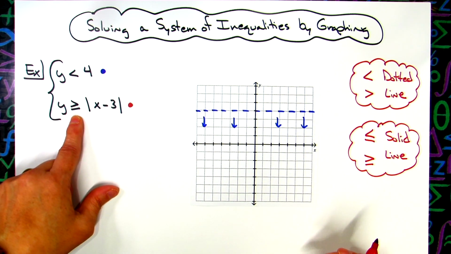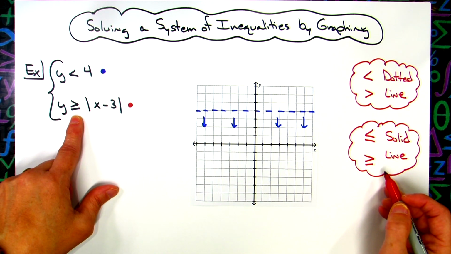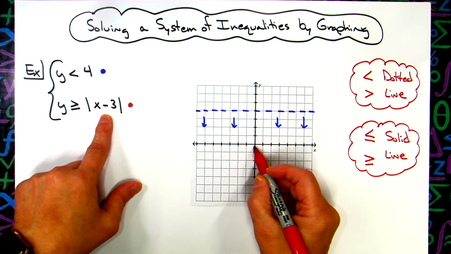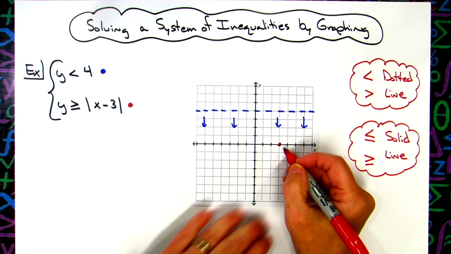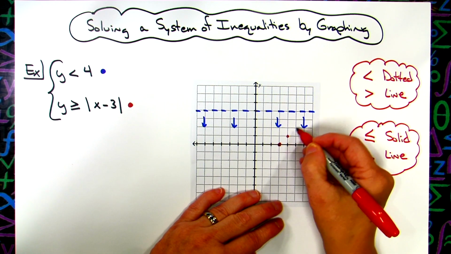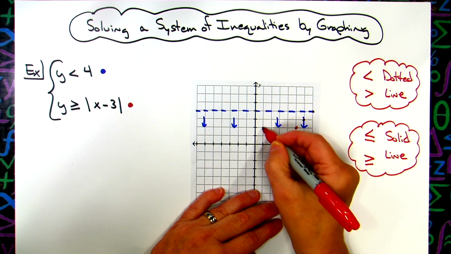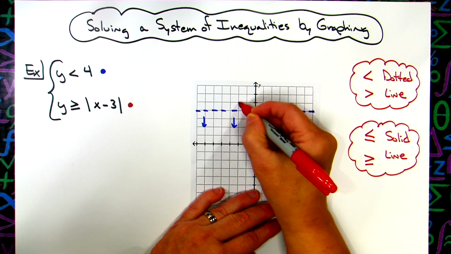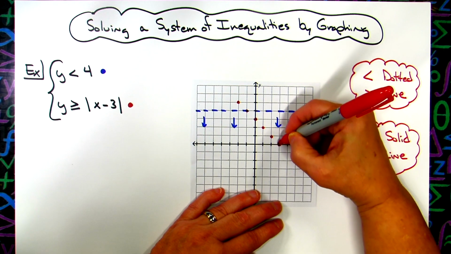I've got a greater than or equal to, so the equal to part means I am going to have a solid line on this one. So I'm going to move that vertex 3 to the right. All right, I have a 1 coefficient there, so putting some dots up here with a slope of 1 just so that I'm a little more accurate when I draw this. Then our V is going to look something like this.